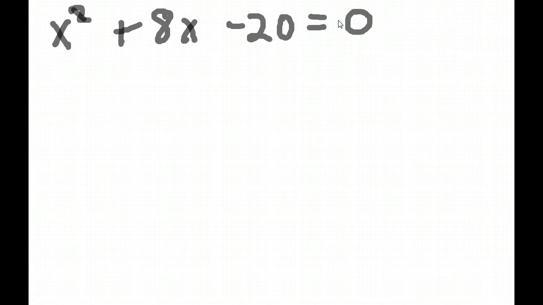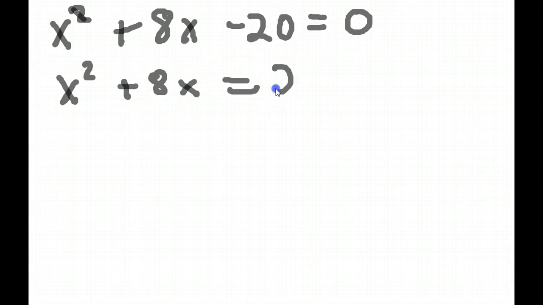Okay, so if you remember the steps, let's find our roots by completing the square. We know negative 20 is not a perfect square. So the first thing we want to do is move it to the right. So then you get x squared plus 8x equals 20.